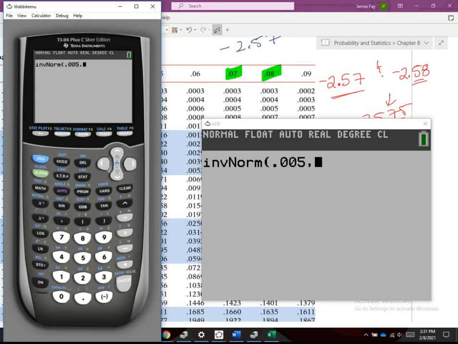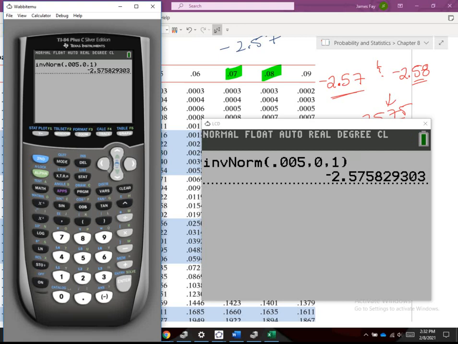Then it goes mean, and then standard deviation. The way I remember that is just alphabetical. Mean comes first, right? Hit enter, and we get that number right there.